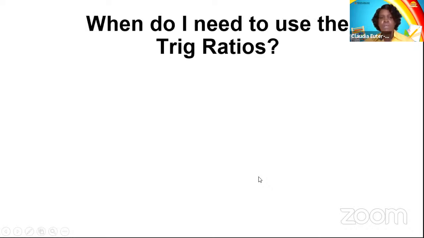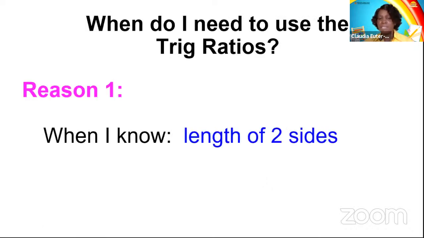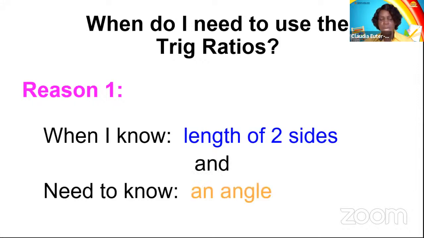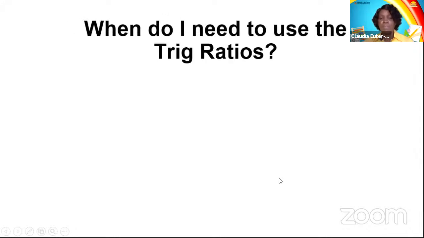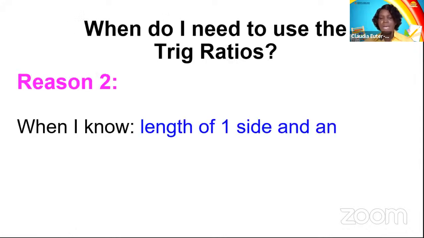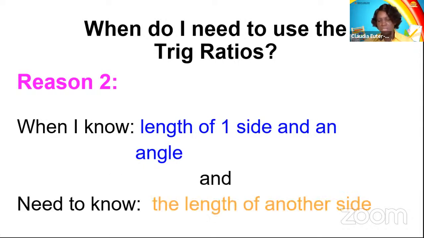But you have to apply the ratio when you are given two lengths and you're asked to find an angle, as the question above states. Or you might be given a length and an angle and you're required to find another side.